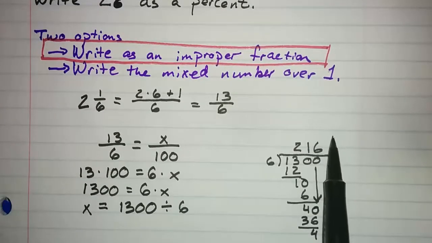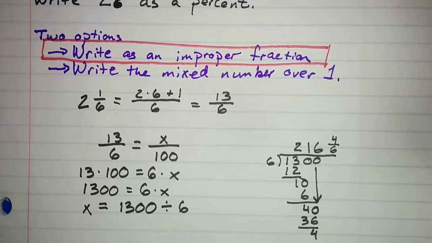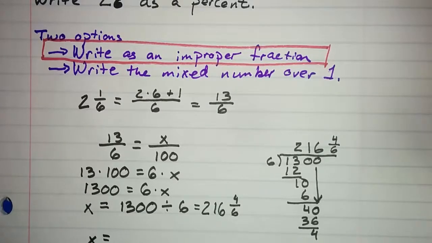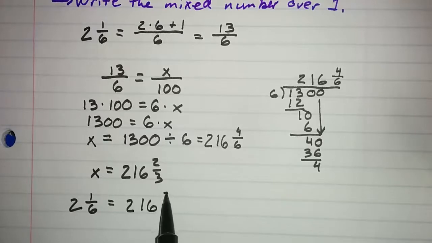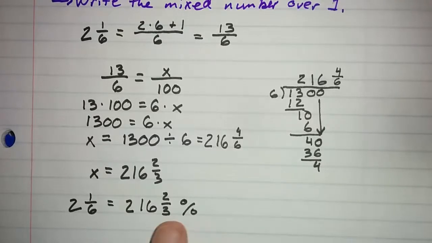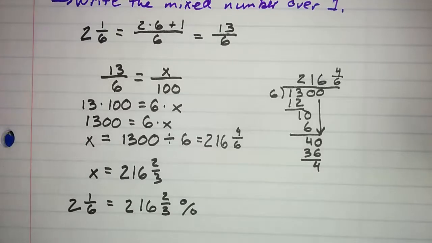So 216 and 4/6. I think we can cancel a common factor of 2 here. And so we find that 2 1/6 equals 216 and 2/3%. Notice this is wrong without the percent sign here. Number, percent, we need to write a percent sign on the percent.